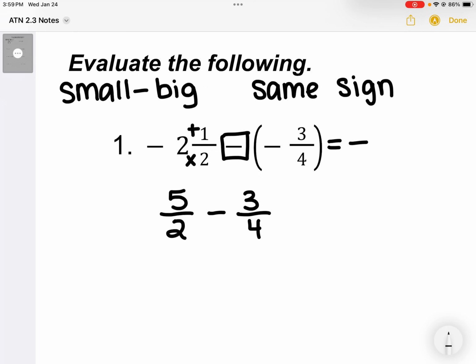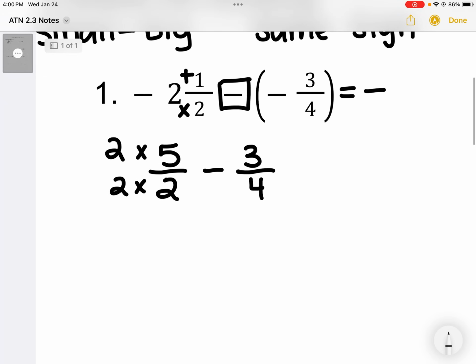Now, when you're adding or subtracting fractions, you do have to have a common denominator. So I need to know a number that 2 and 4 share. So a multiple of 2 and 4 that they both share is 4. I can turn a 2 into a 4 by multiplying by 2. Because I multiplied the denominator by 2, I have to multiply the top by 2. 5/2 now turns into 10/4.